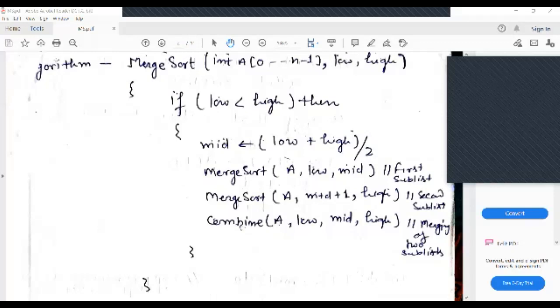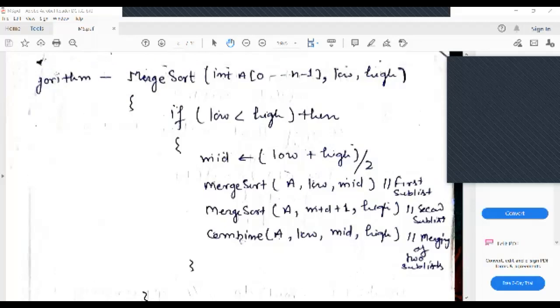The parameters we pass to the combine procedure are the array, low at each successive call of merge sort, the mid index, and the high index. So combine is used to do the actual sorting.